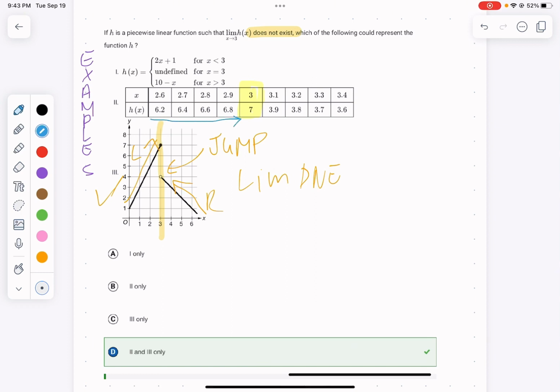From the left, you can see that as x approaches 3, h of x approaches 7.